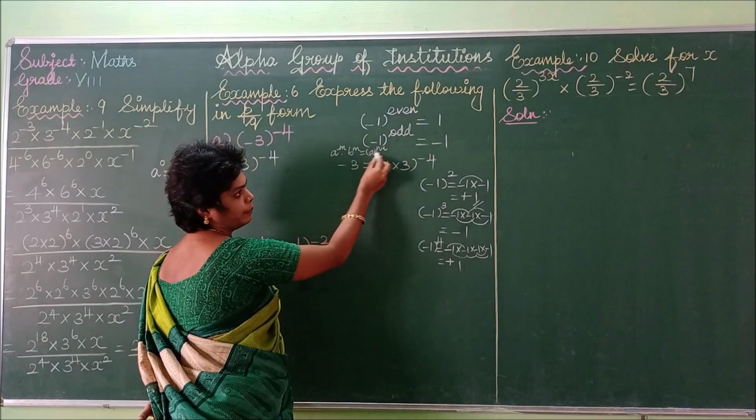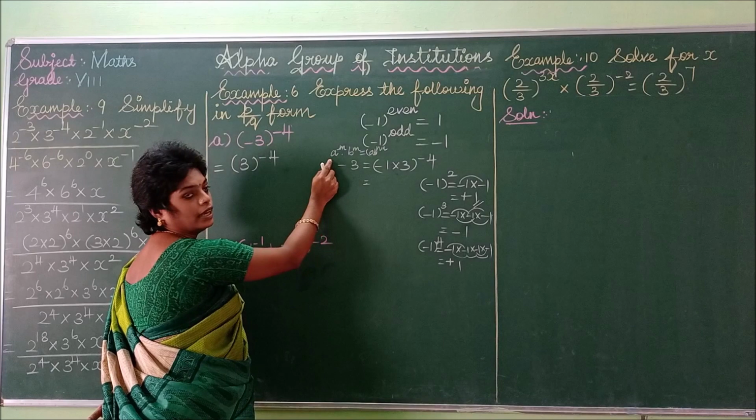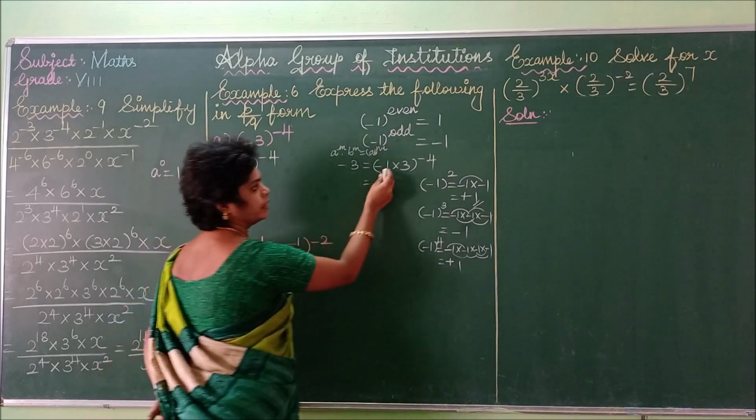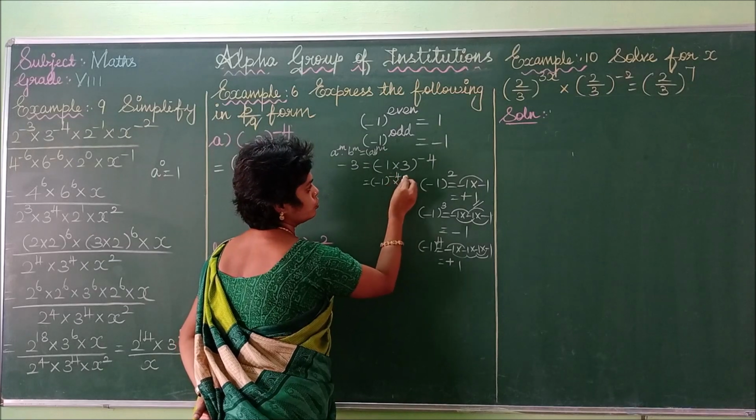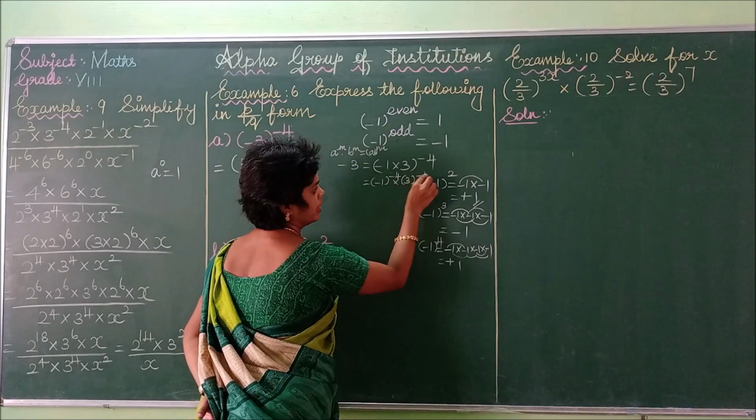Using this identity, we can split and write (ab)^m as a^m into b^m. That means (-1)^-4 into 3^-4.